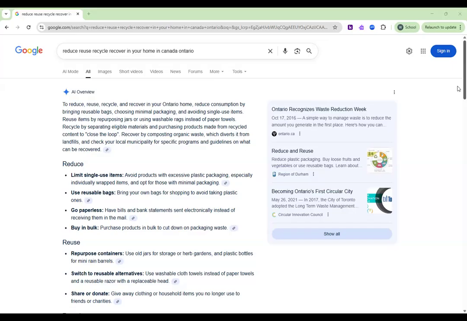Let me just double check it, for example, here. Here's a banking alert. Here's my CIBC statement is ready. And there it is there. And it says how to go get that statement.